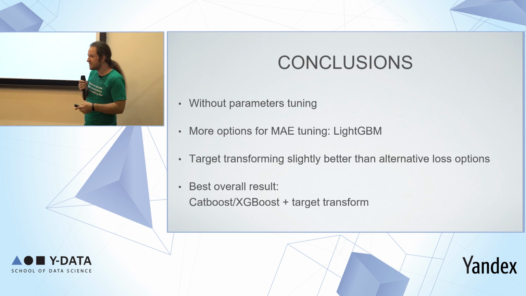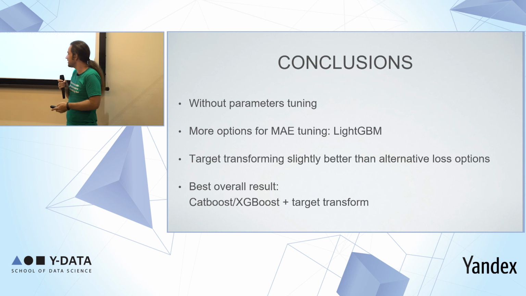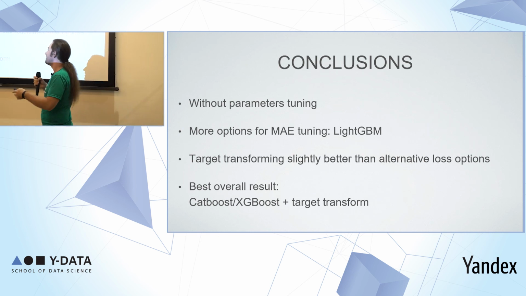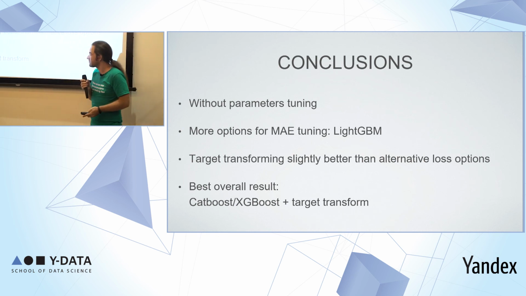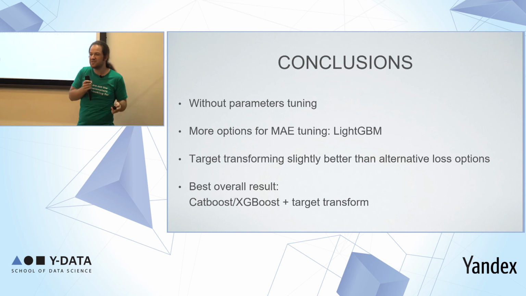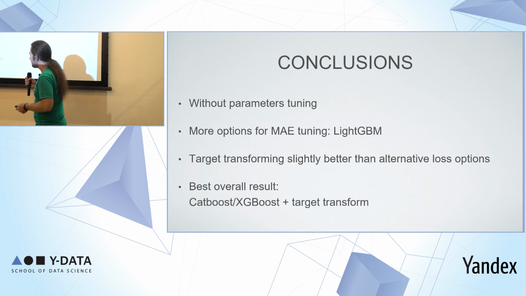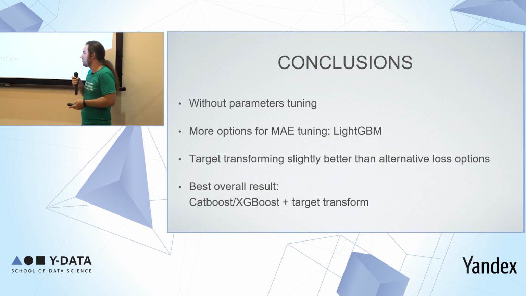So for your task, it might be good to start with LightGBM because it has more options. Target transforming is comparable, maybe even better than custom losses for this task. And I would say that the best overall result is for either CatBoost or XGBoost with target transformation.